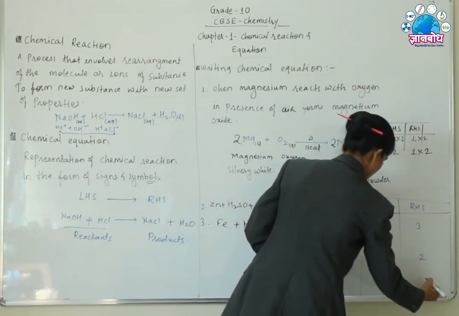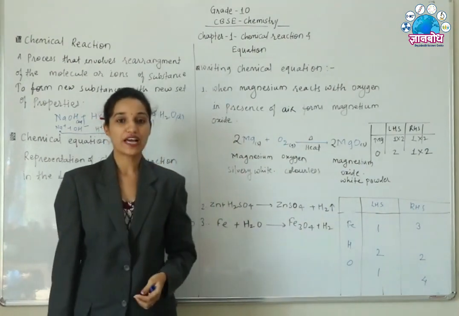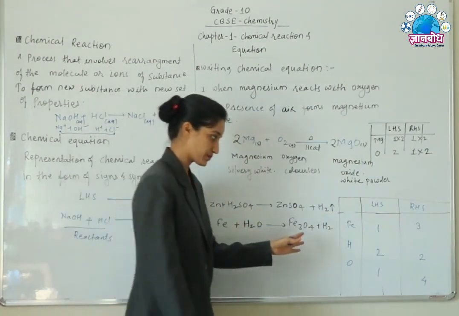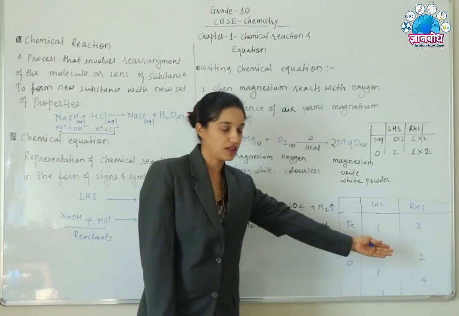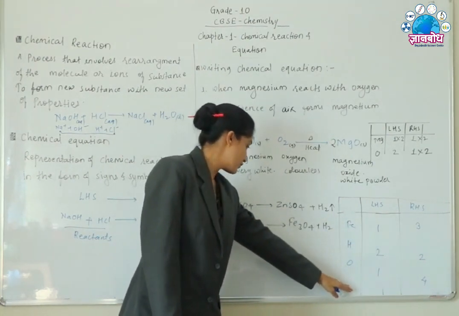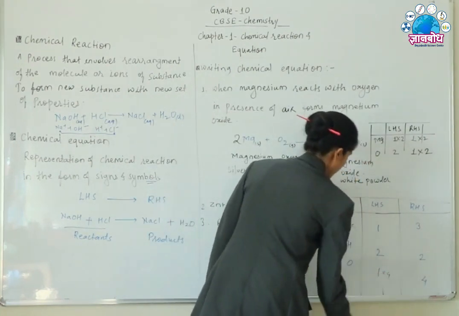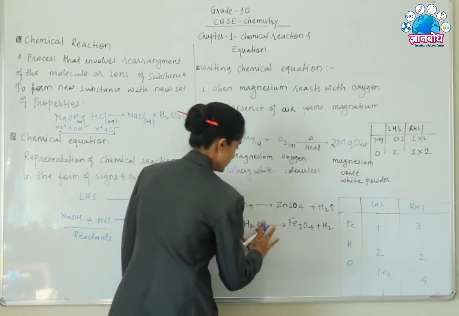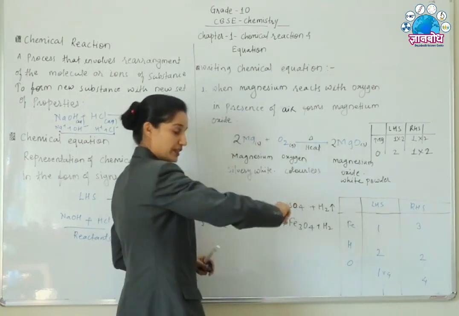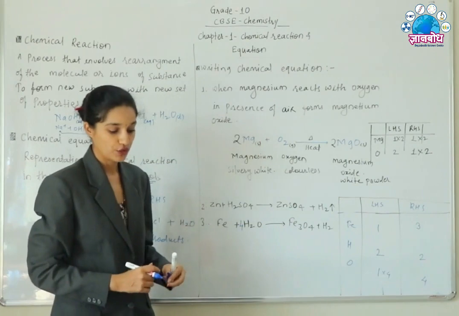hydrogen 2, oxygen 4. So first let's balance oxygen, because the number of oxygen in RHS is more and here it is less. So we will first balance oxygen. So here to get 4 we need to multiply it with 4. Okay, we need to multiply in LHS. So here we will write 4.